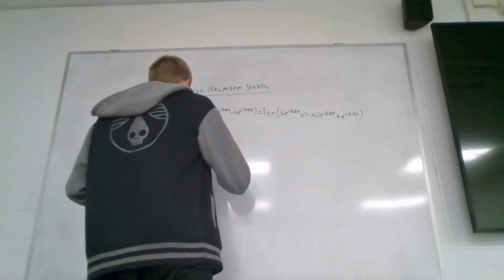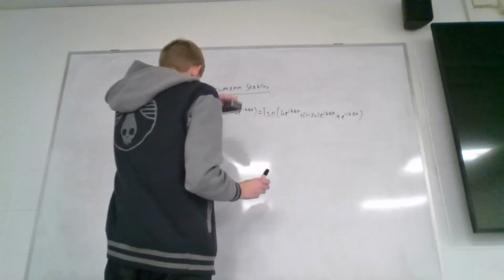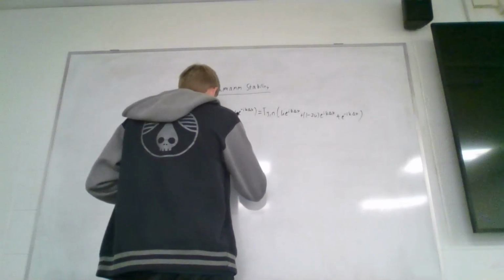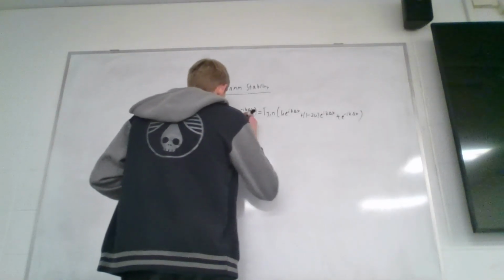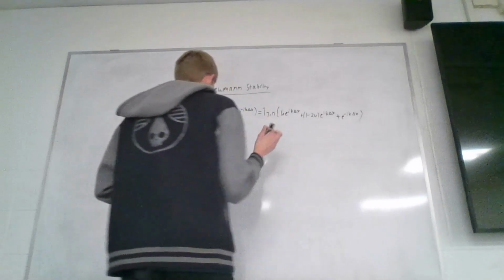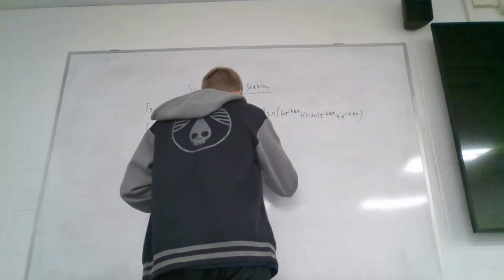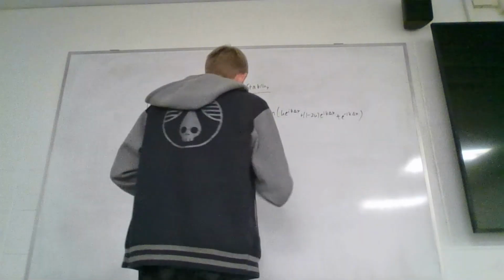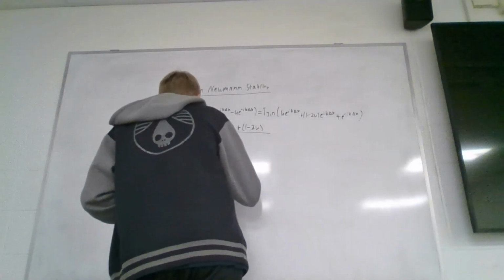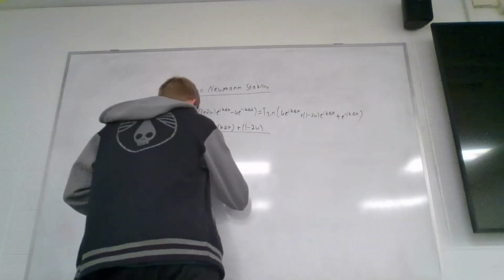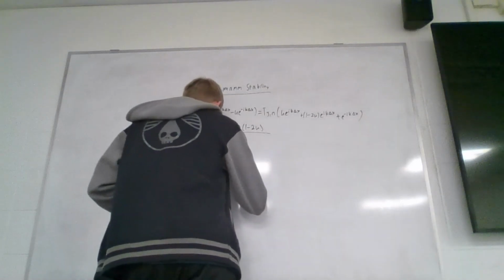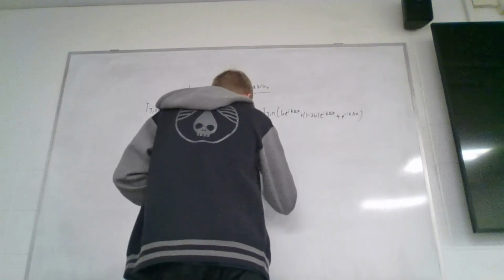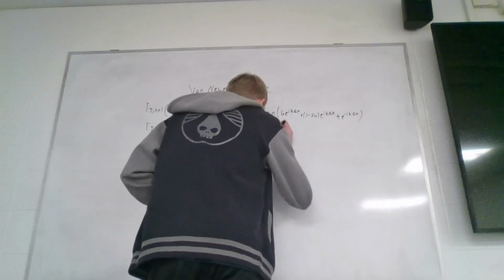Our Euler's relationships will then give a new relationship as such. It's going to be 2u times cosine k delta x, plus 1 minus 2u, and then over here it's going to be negative 2u times cosine k delta x plus 1 plus 2u.